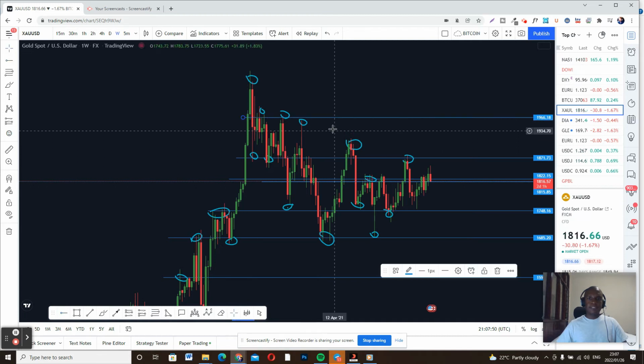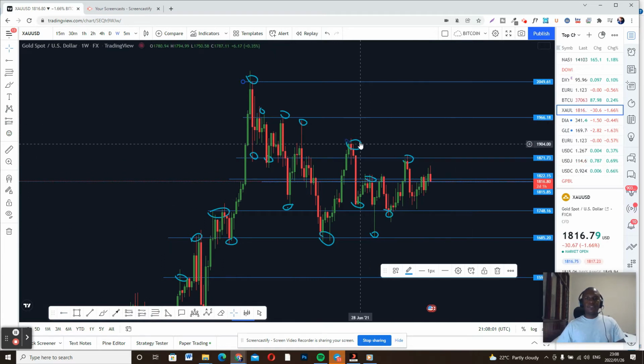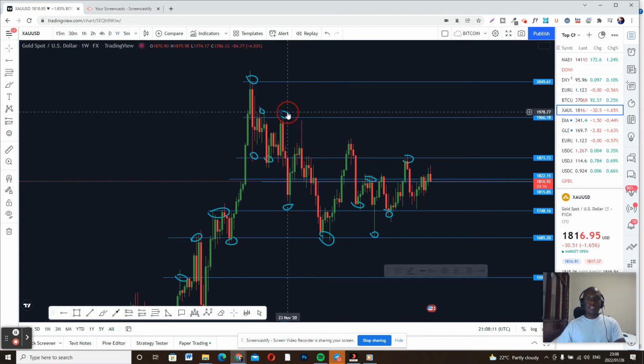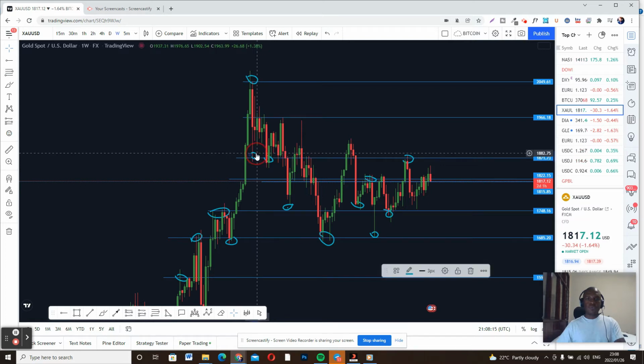And here we can see there's also lots of touches here, and then obviously, at the very end this is the high. So we're going to now try to remove these circles, because it was just for illustration. We don't want it to clutter our charts.